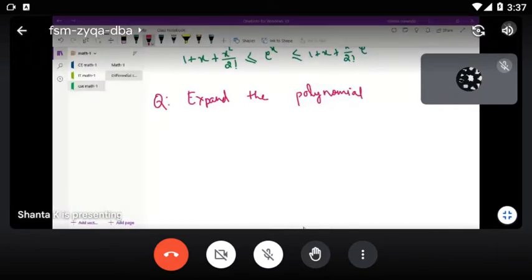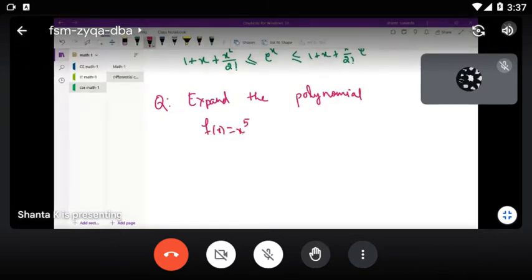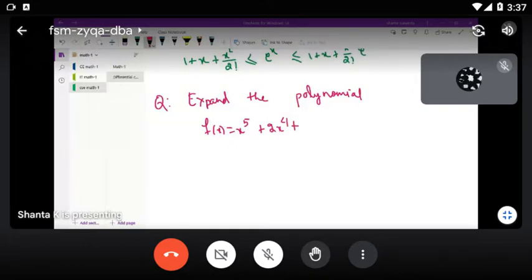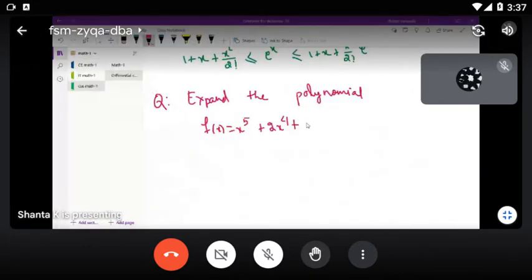f of x equals x power 5 plus 2x power 4 minus x square plus x plus 1.